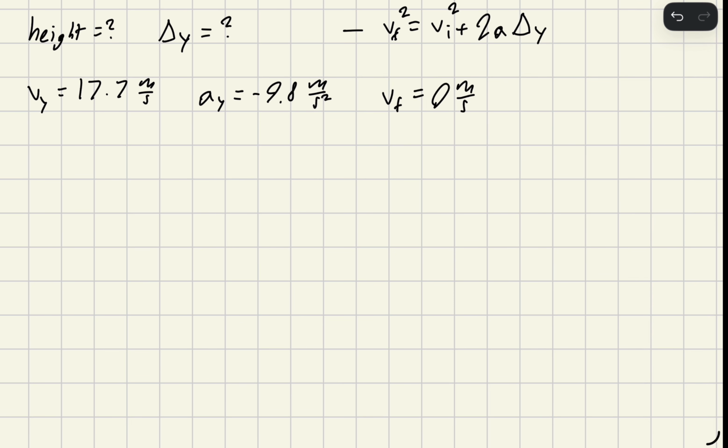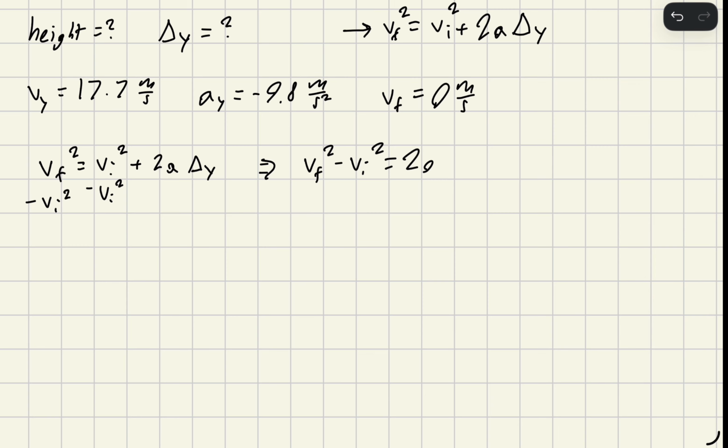So let's solve this equation for delta y symbolically. We have final velocity squared equals initial velocity squared plus 2a delta y. I'm going to subtract out the initial velocity squared on both sides, leaving us with final velocity squared minus initial velocity squared equals 2a delta y.